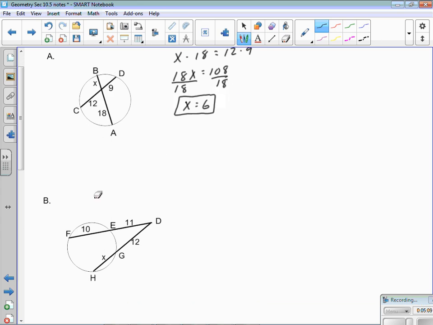All right, the B portion, we got two secant segments in this case. With secant segments, it's the external part times the whole thing equals the external part times the whole thing. For the whole thing, we have 10 plus 11, which is 21 there. And on this one, it'll just be 12 plus x.